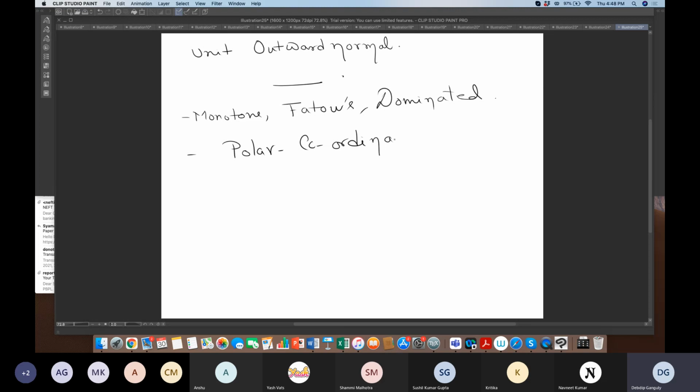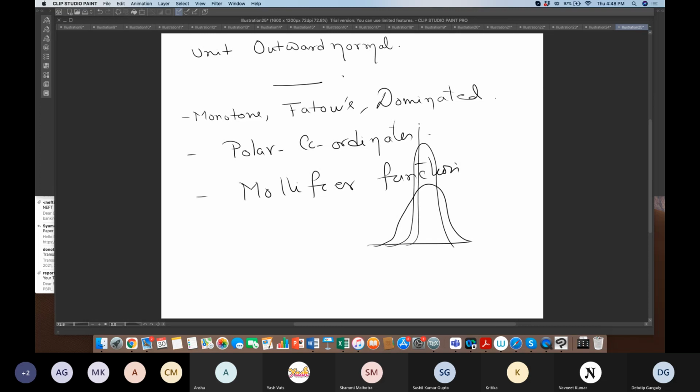Draw this modifier function again with your hand, and make yourself comfortable with it. The rest is polar coordinates, monotone, dominated, and the convolution.